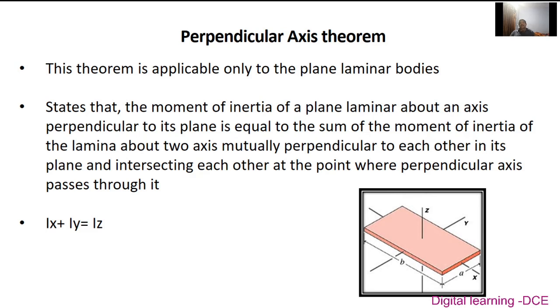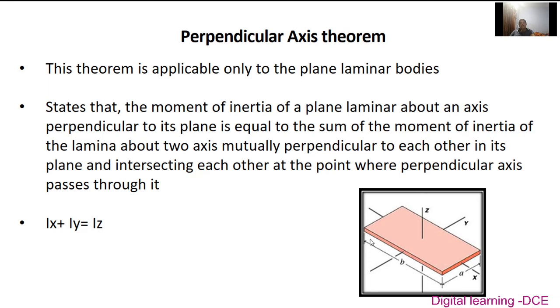The perpendicular axis theorem states that the moment of inertia of a plane lamina about an axis perpendicular to its plane is equal to the sum of the moments of inertia of the lamina about two axes mutually perpendicular to each other in its plane and intersecting each other at the point where the perpendicular axis passes through, and it is given by Ix plus Iy is equal to Iz.